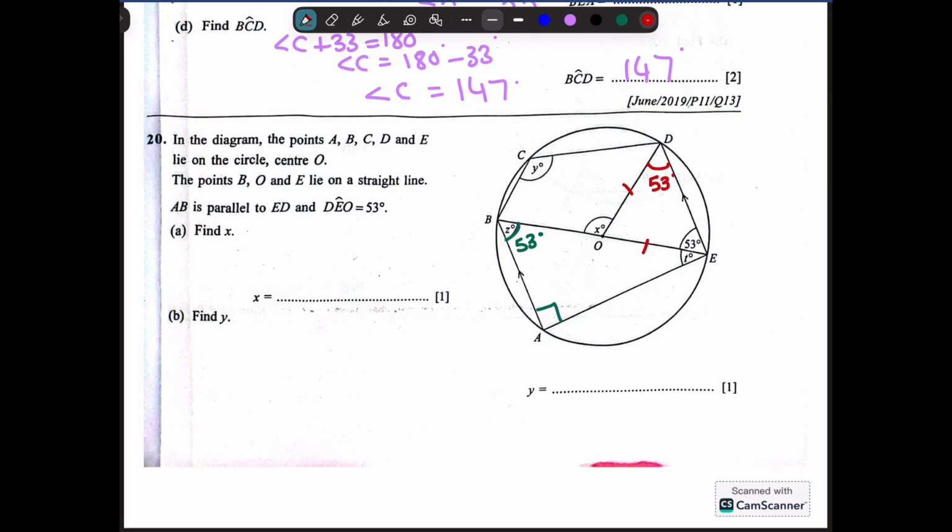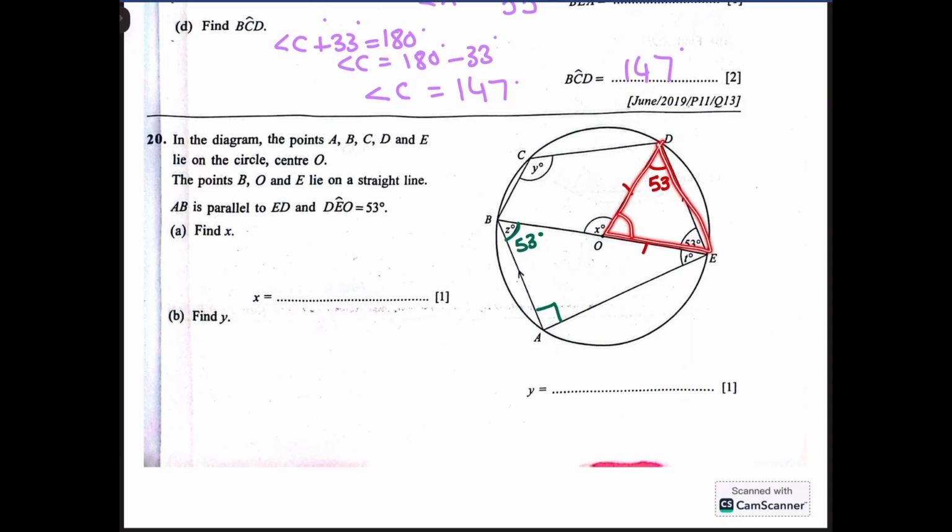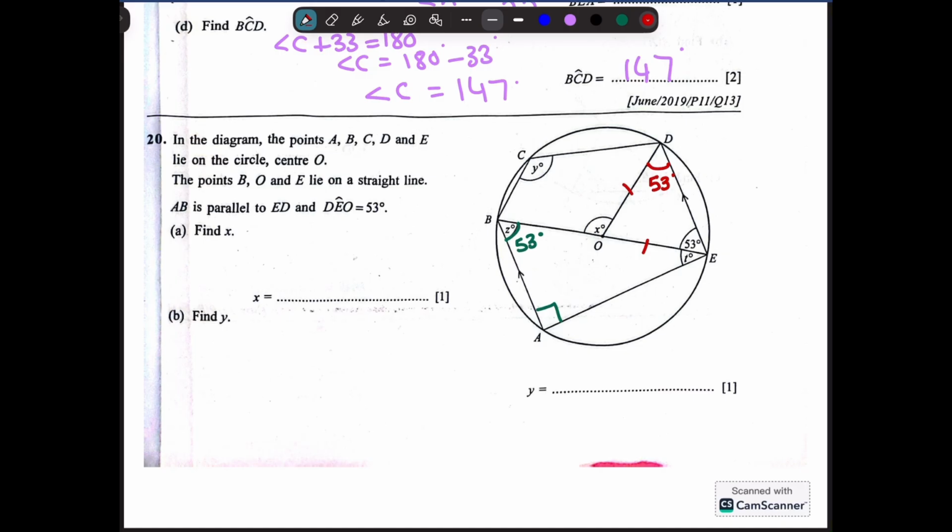Okay, and if we focus on triangle ODE, we can also figure out this angle. So two angles of this triangle are equal to 53. So we can figure out the third angle. Let's call this theta for now. So 53 plus 53 plus theta should be equal to 180, which gives theta to be 180 minus 106. So theta is 74 degrees.